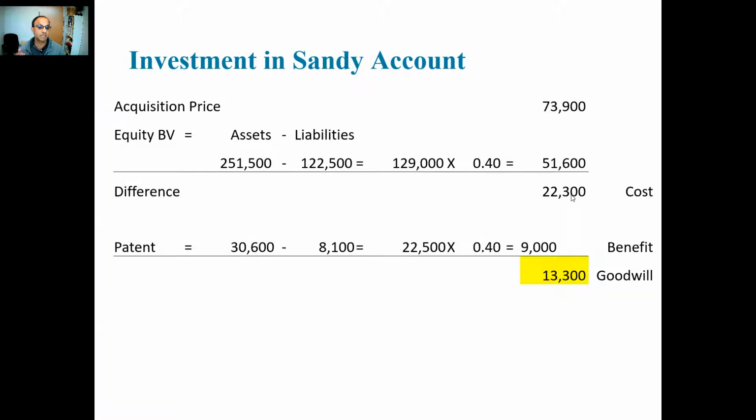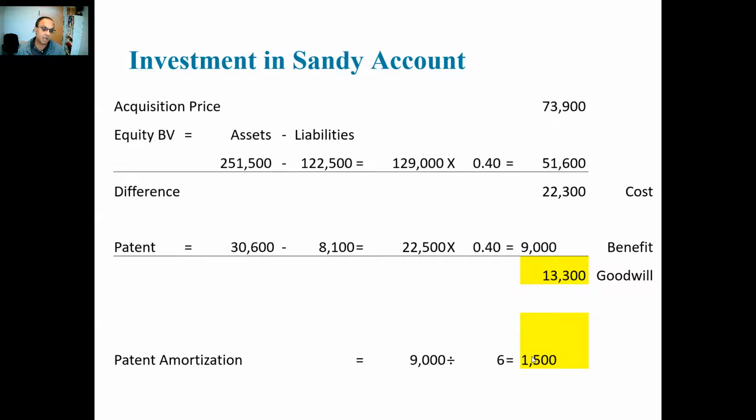If we subtract the cost minus the benefit, we get the difference, which in the example is called goodwill. So remember the difference here could be a trademark, it could be goodwill, it could be a patent. It's mainly an intangible asset. And then we calculate the amortization over 6 years.